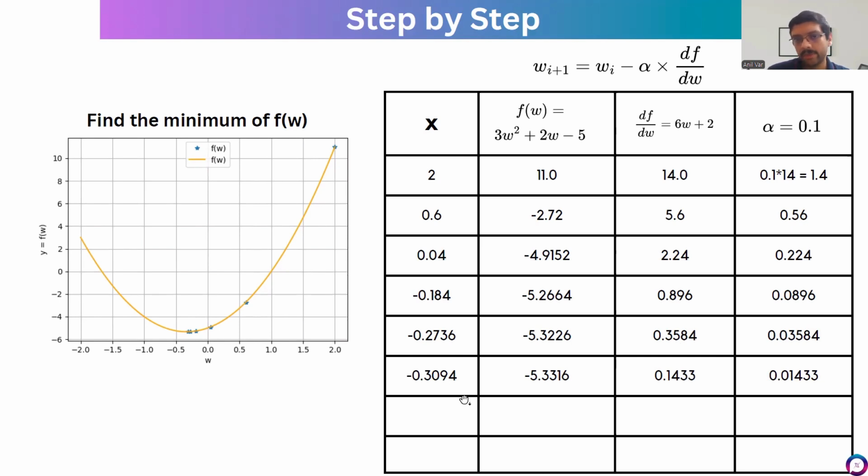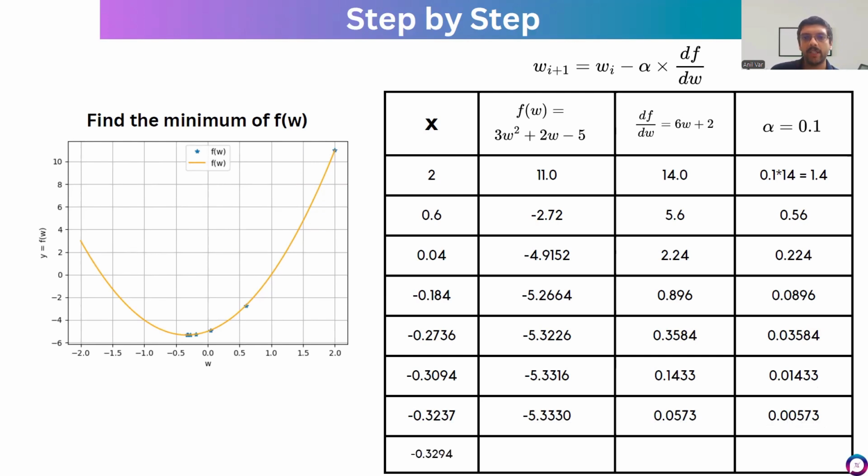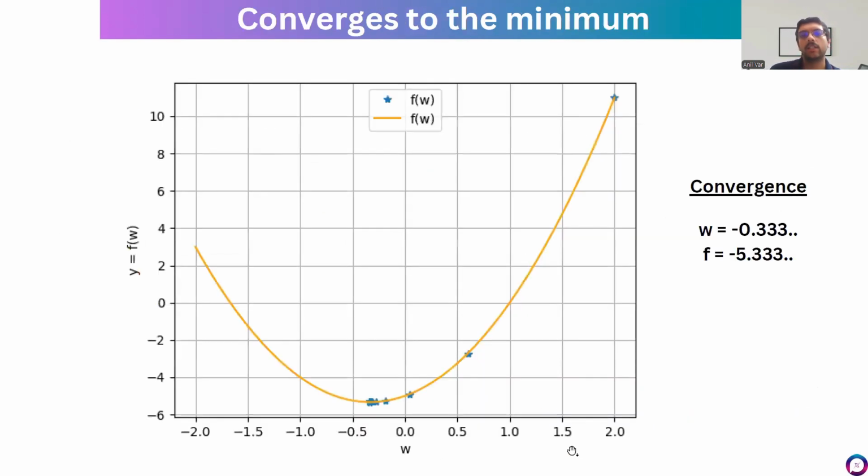So you take another step. Now it's minus 0.3237. Again, as we said, minus 5.33. Take another step, and now that step is really, really small. It's 0.00573. And you end up at minus 0.3294. So again, this is coming closer to minus 0.33, minus 0.323, minus 0.329.